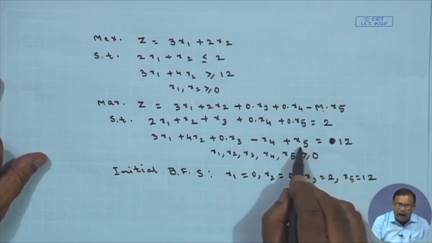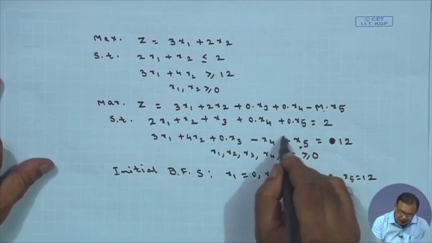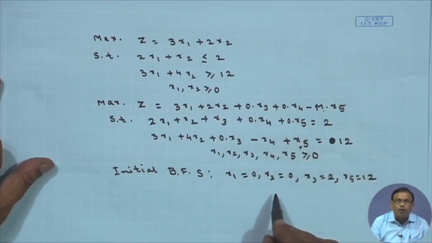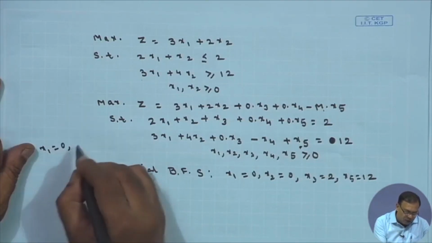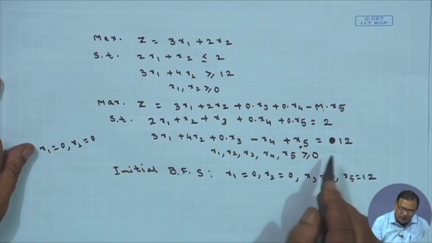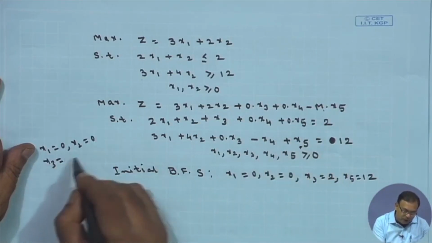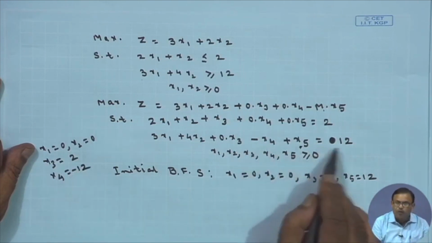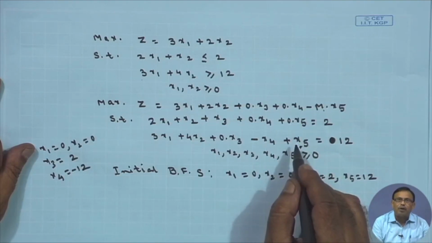Now, the reason for adding this artificial variable is, we are repeating again, if this x5 was not present here, in that case whenever we try to find out the initial basic feasible solution with x1 equals 0 and x2 equals 0, and if we put in these equations, your x3 will be 2, but your x4 becomes minus 12 if this x5 artificial variable is not there.